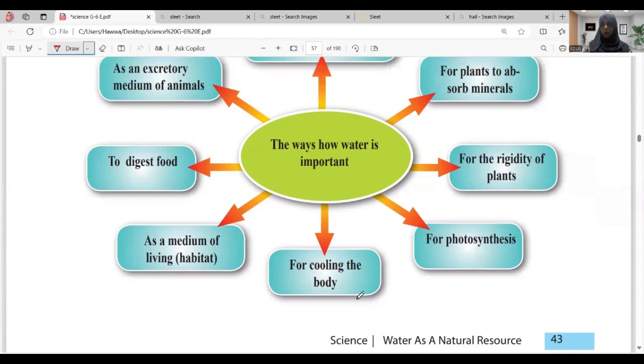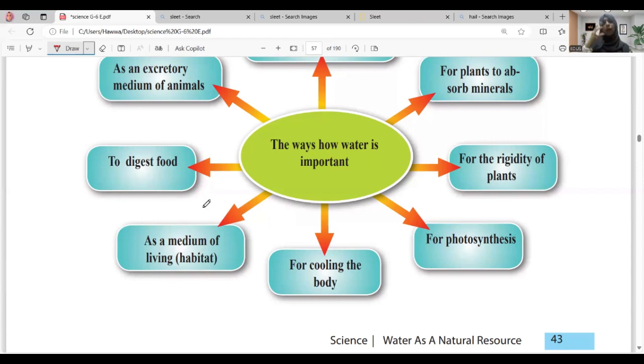Then for cooling the body, your body has to be cooled down. Even nowadays, when there is high heat, high temperature, they always ask, even in the news, to drink more water. And as a medium of living habitat, meaning fish, aquatic animals live in water. That is what they mean here. To digest food.